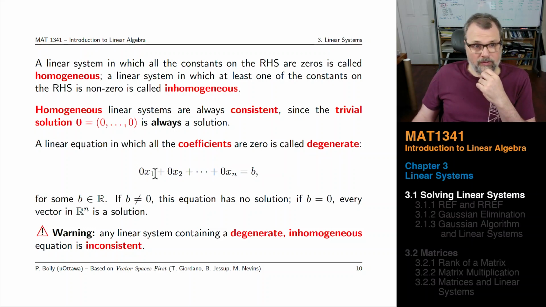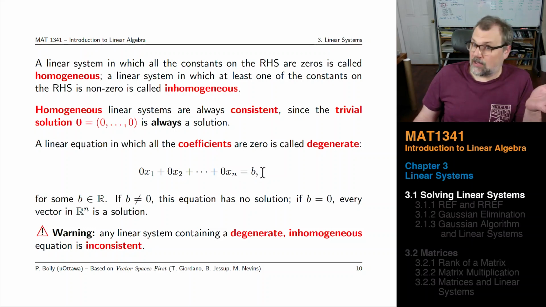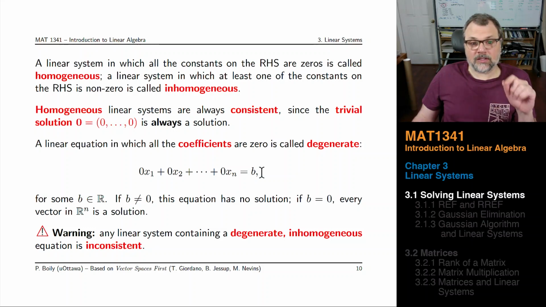So if all the coefficients end up being 0 for one equation in a system, then we say the system is degenerate. If on top of that B, the constant term, is different from 0, then you end up with something that looks like 0 is equal to something which is not 0, and that's impossible. That's an incompatible equation. The system is inconsistent.